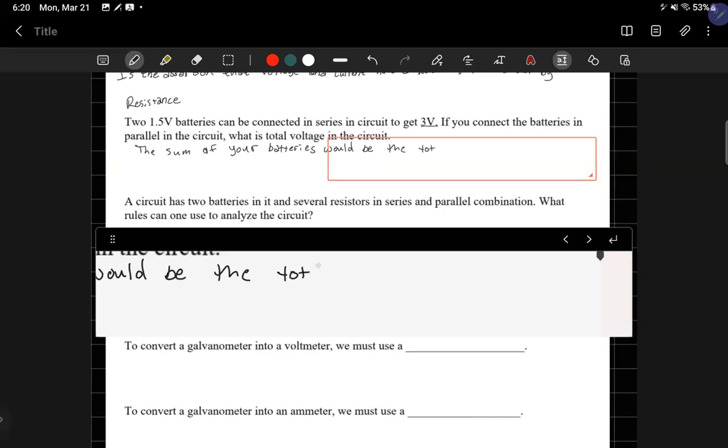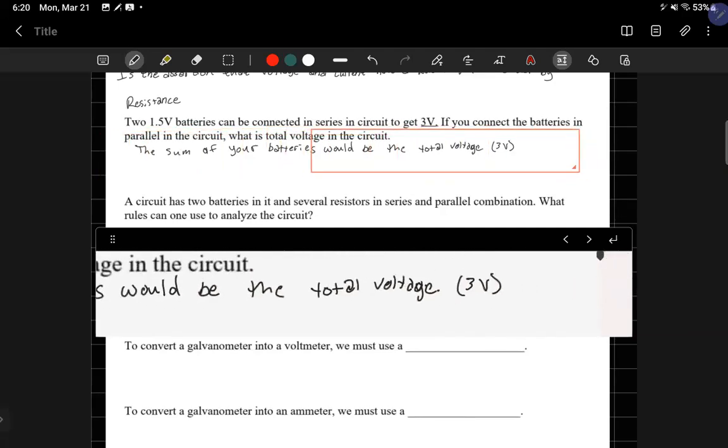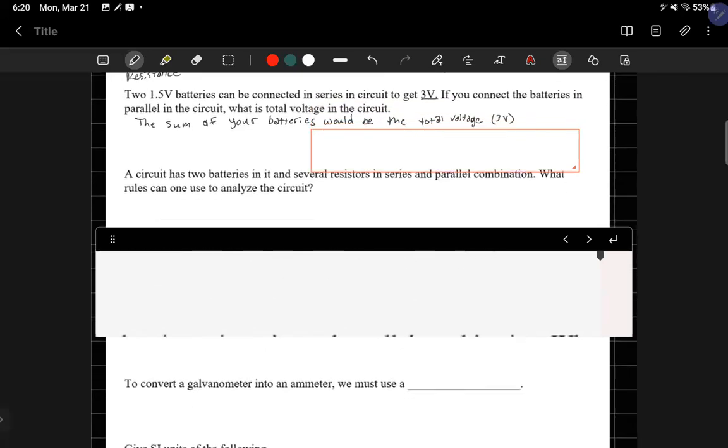Total. Three volts. I'm pretty sure that would be the answer. That's a little bit of guessing and knowing.